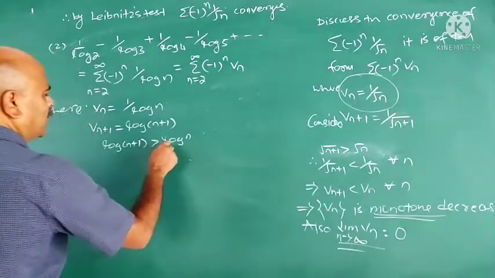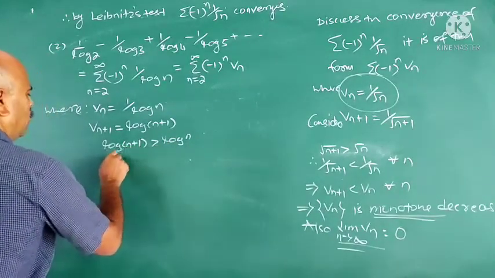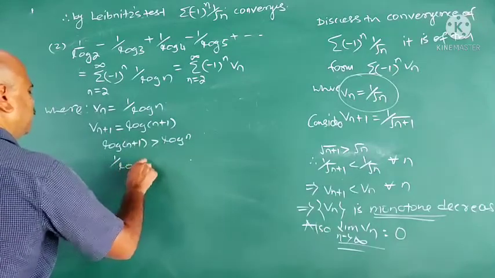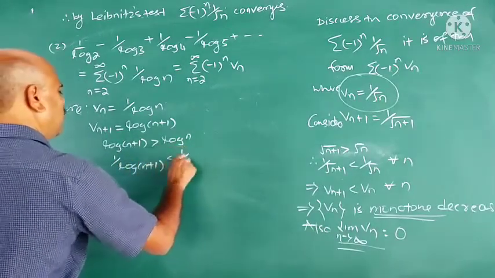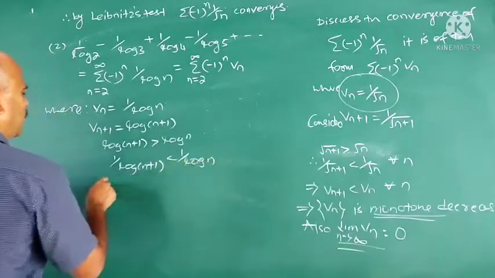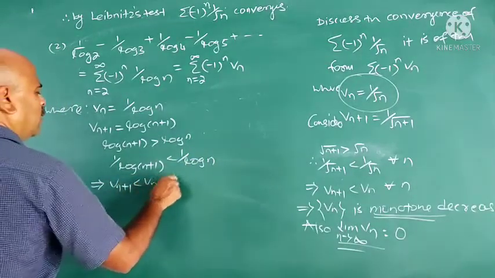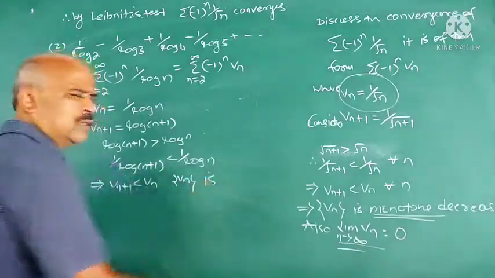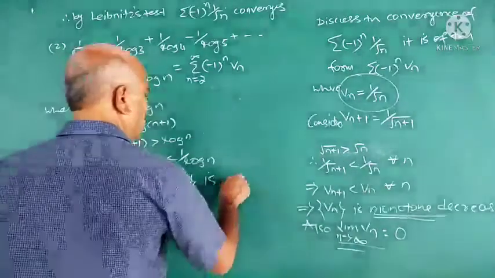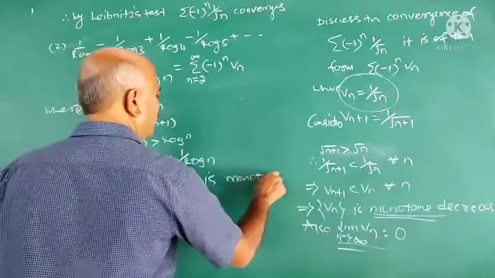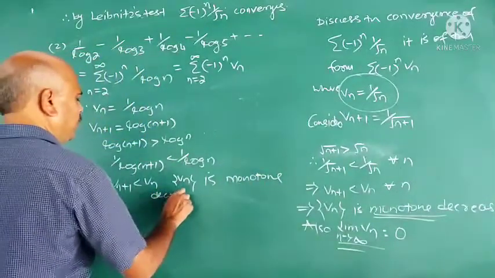N is a natural number here, therefore 1 upon log n plus 1 is less than 1 upon log n. This implies Vn plus 1 is less than Vn. For sequence Vn is monotone decreasing.